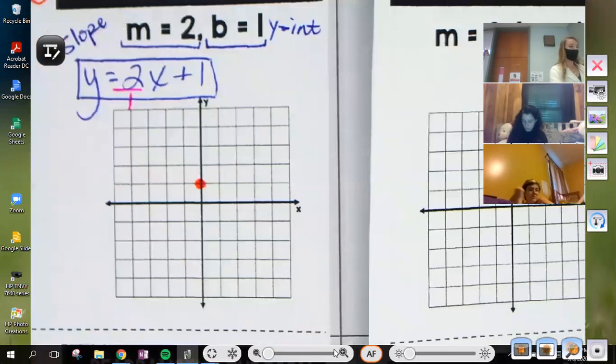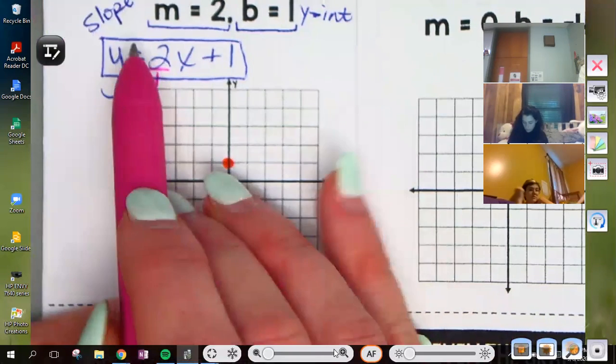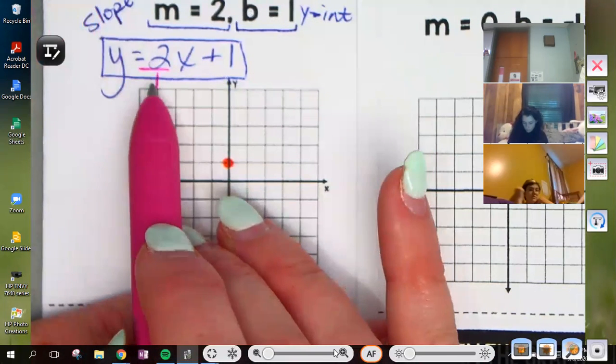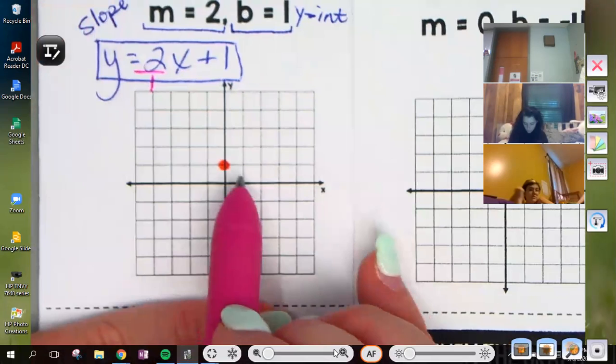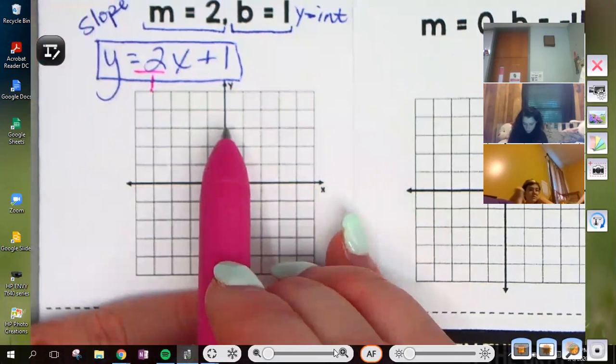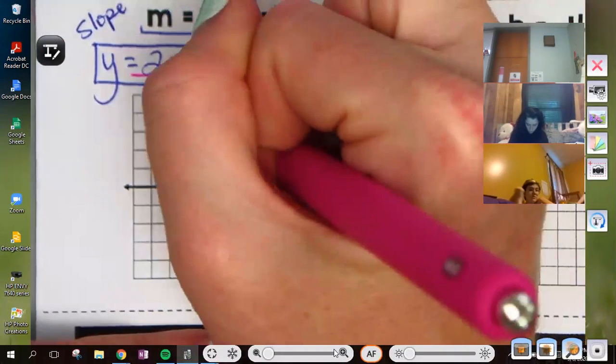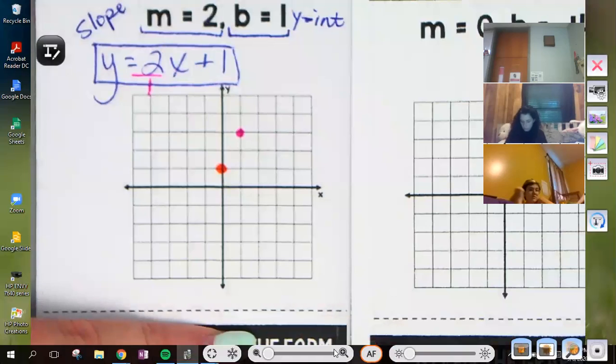Okay, so let's graph the slope, going back to our starting point. We have 2 over 1. So we're going to start at our starting point. We're going to rise 2, 1, 2, and we're going to run to the right 1 and graph the point.